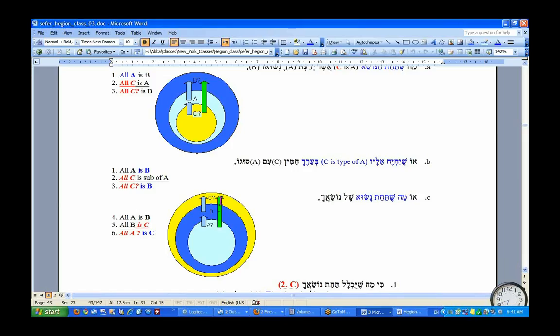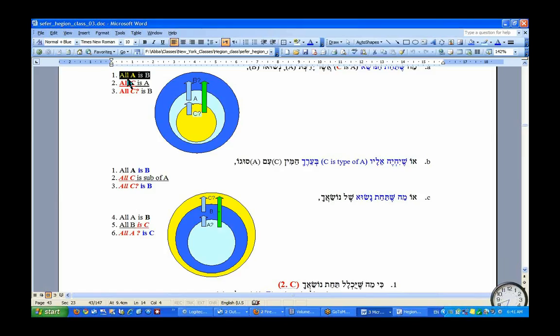So that's the basic concept. We have a statement, all A is B. Now I'm just going to tell you something that's included in A or included in B. Once it's included in A, it's going to have what A has, and once it's included in B, then it'll have what B has. That's the basic yesod of the whole business.